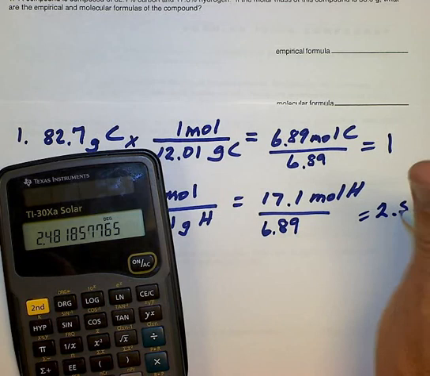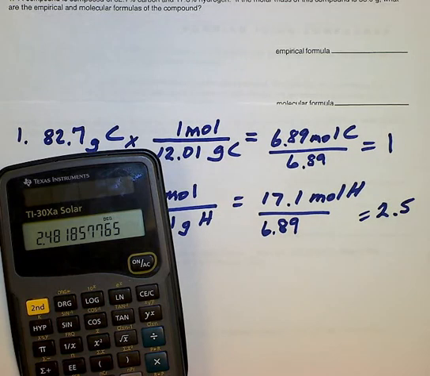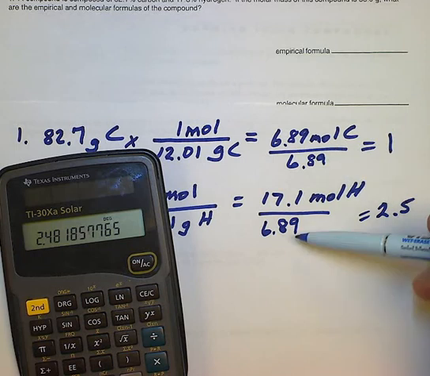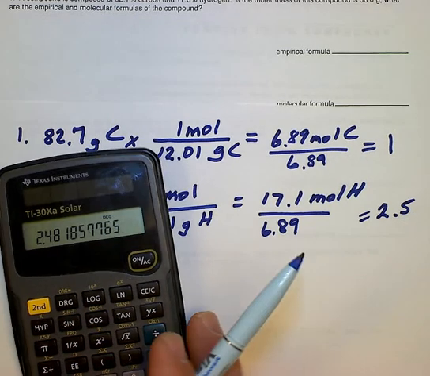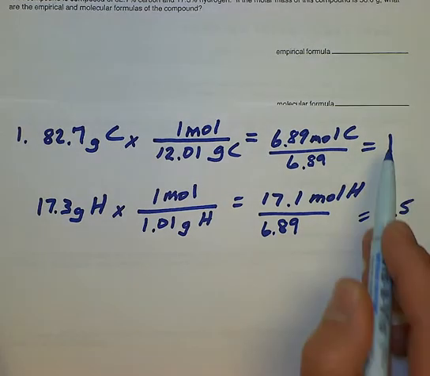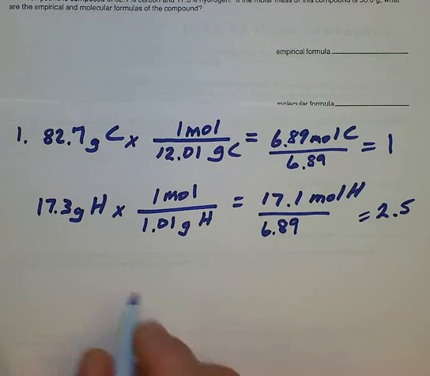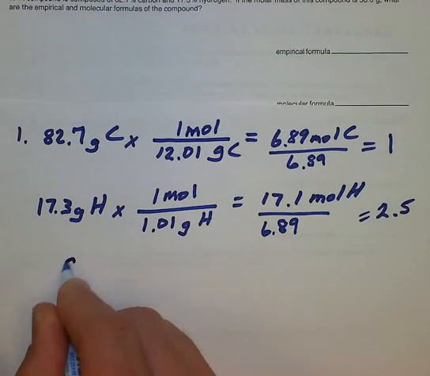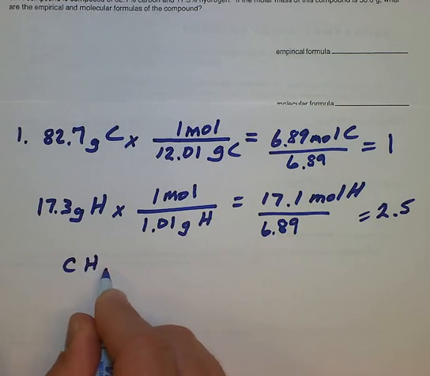That rounds very close to 2.5. When you do this calculation, you're either going to get whole numbers or you're going to get numbers to 0.5. These numbers here are your subscripts for your empirical formula. So our subscript for carbon is 1, and our subscript for hydrogen is 2.5.